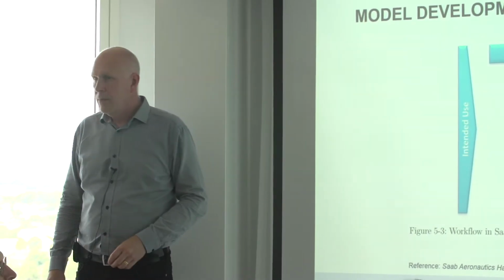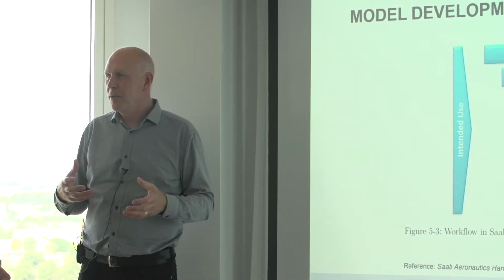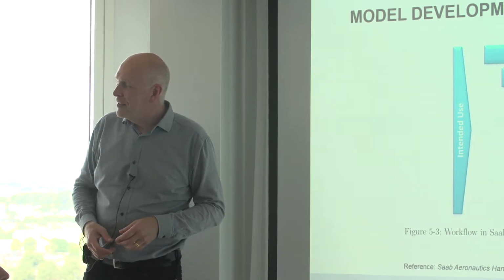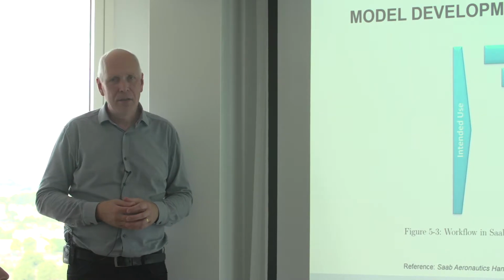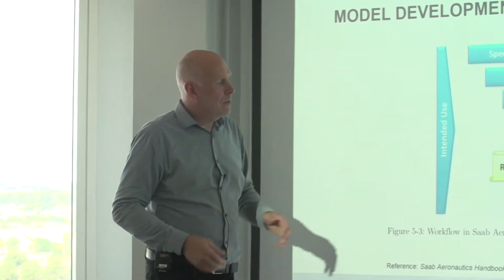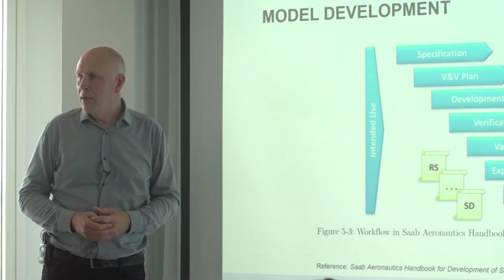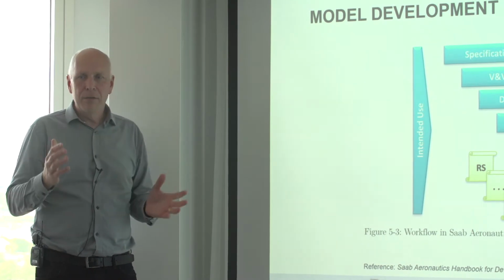Because all of us that work with models know that the model is just an approximation. We talked also about that. It's not the truth, it's some kind of approximation or simplification. So we always have to declare what the model is capable of doing. Because the user of the model needs to know the boundaries of the model, for example.